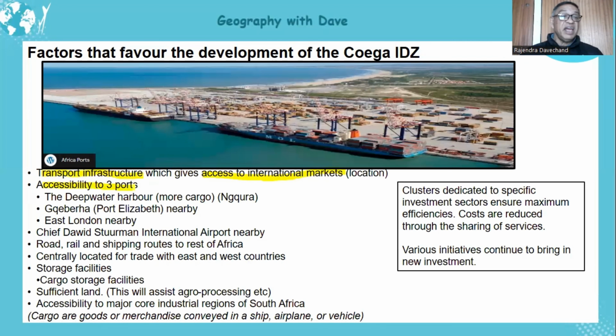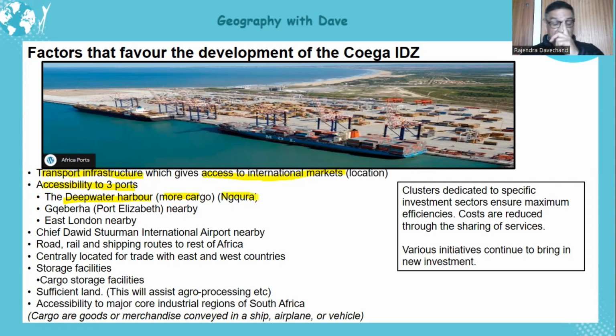One right there is a Deepwater harbour or port, which allows bigger ships to come in because it's deeper. Bigger ships can carry more goods, which makes it more effective and also cheaper because you're carrying larger cargo. So it's more cargo, and that's in Kura that you find in the area.